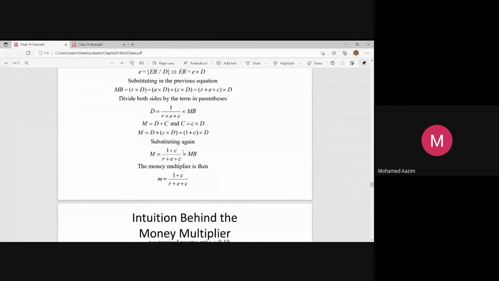Right? So this component that you are seeing here is nothing but small m, that is the money multiplier. So you now know the money multiplier is 1 plus small c over small r plus small e plus small c.